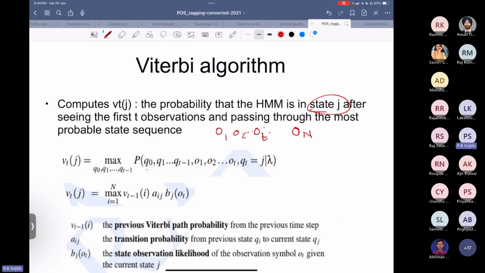I think I have to use so many different notations here. Are you following these notations?